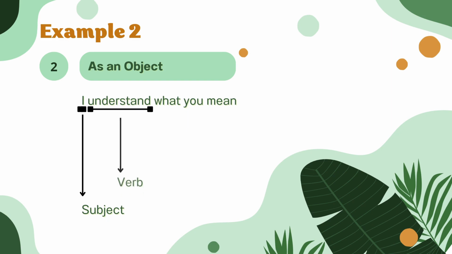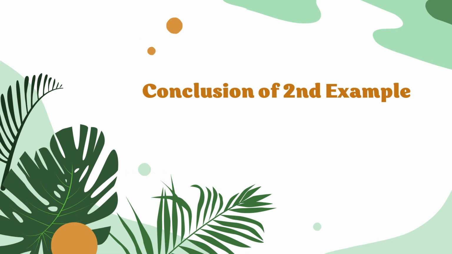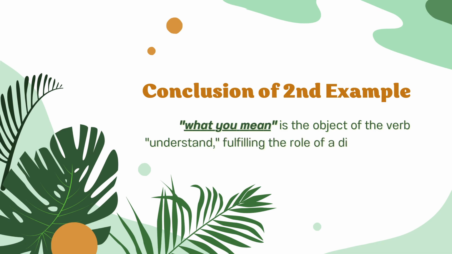"Understand" has a function as a verb, and then "what you mean" has a function as noun clause as object. The conclusion of the second example: "what you mean" is the object of the verb "understand," fulfilling the role of a direct object.